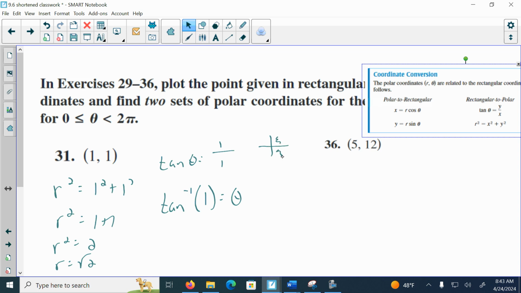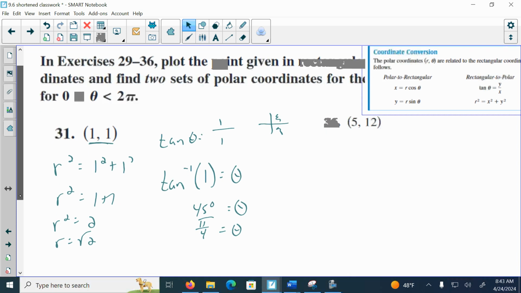So when I do this, it ends up giving me 45 degrees, or I can think of that as pi over 4. Those are the same angle that I got from my calculator, or I know my unit circle. I checked that 45 degrees or pi over 4 is in the first quadrant. This point is also in the first quadrant, so I'm good to go. I'm going to leave it like this.